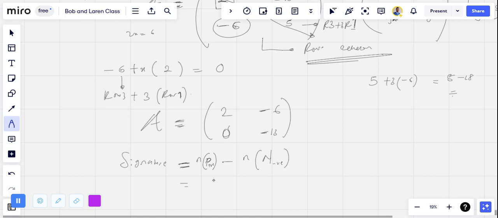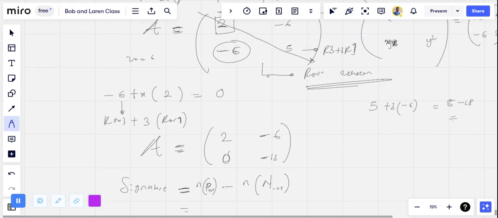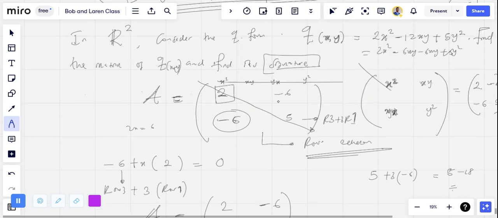So the number of positive that I have here is, sorry, is this minus 6? This is not minus 6. What am I doing? This is 6 now. I think that should be the opposite. I have to take negative of the 2. I have minus 6x. Yeah, that's what I have. So this is 5 plus 3 times minus 6, that's minus 13.